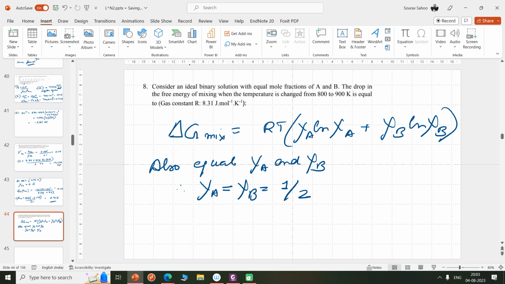So that tells us that my delta G mix is equal to 8.314 times, I can directly take the delta T term.